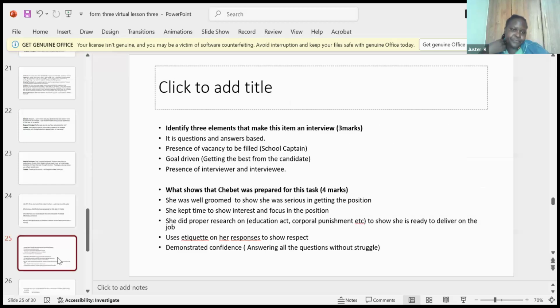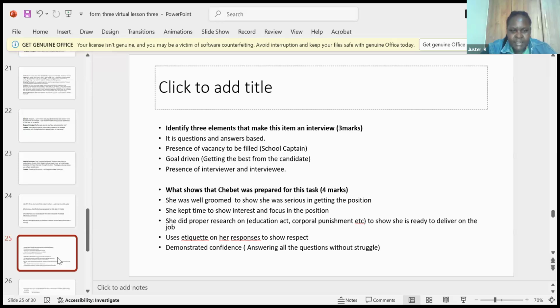Go on. She kept time to show interest and focus in the position. We have the illustration up there. Thank you for keeping time, isn't it? We'll go on. She did proper research on the Education Act, corporal punishment, etc., to show she is ready to deliver on the job. Yes, I think somebody gave us that point.